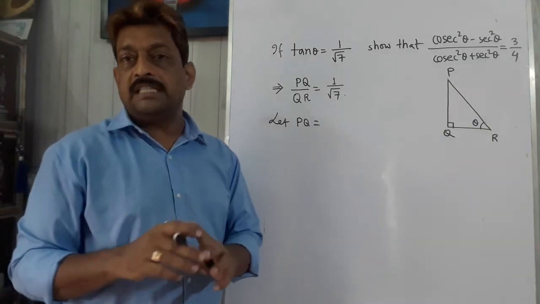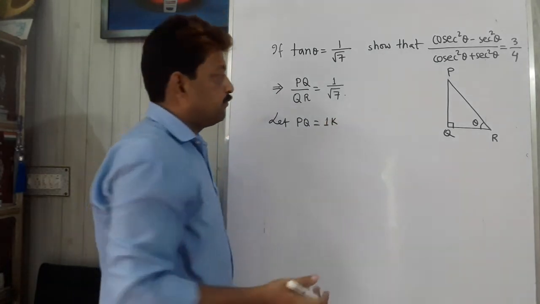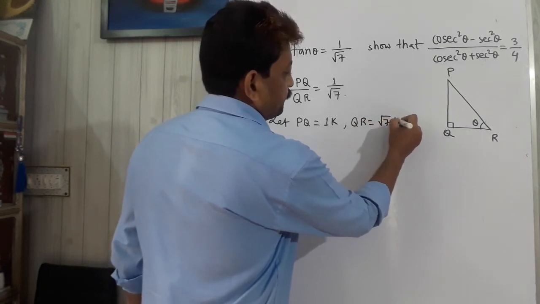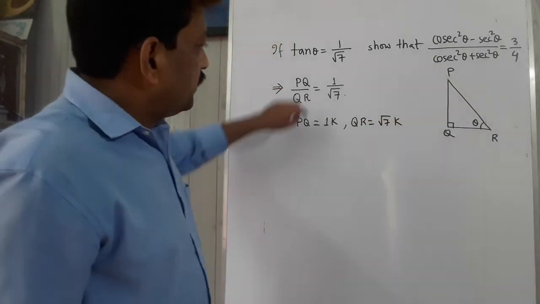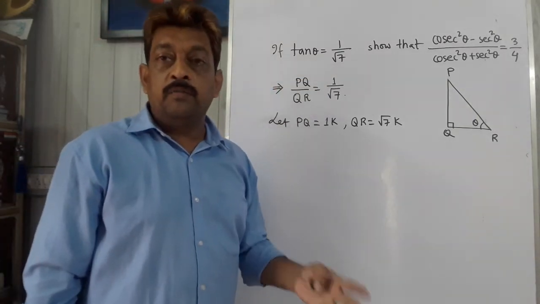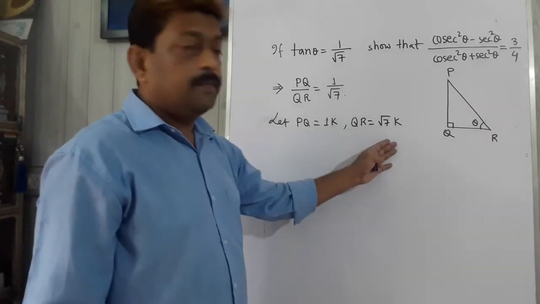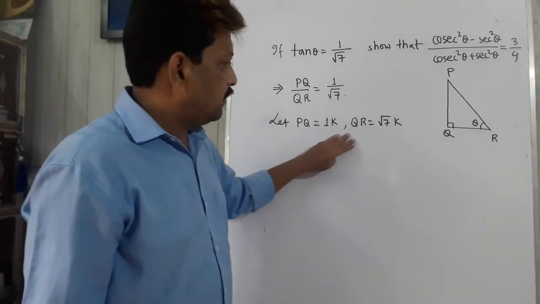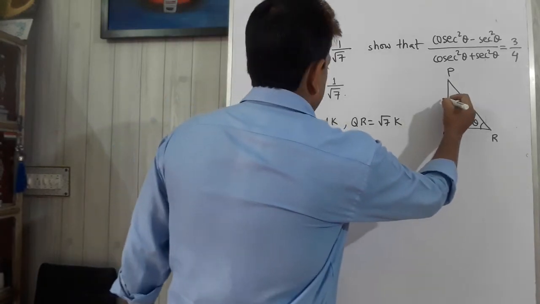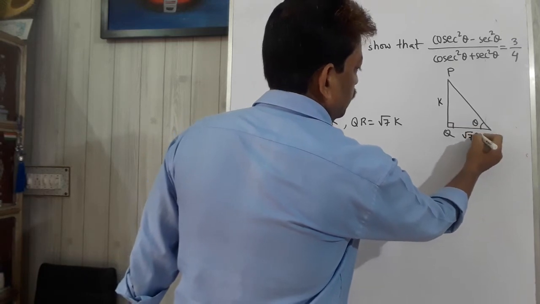I am taking the constant as K. So PQ equals 1K, or simply K, and QR equals root 7K. Whenever the numerator and denominator are numerical values, always multiply them with a constant to get the length of each side. So PQ is K and QR is root 7K.